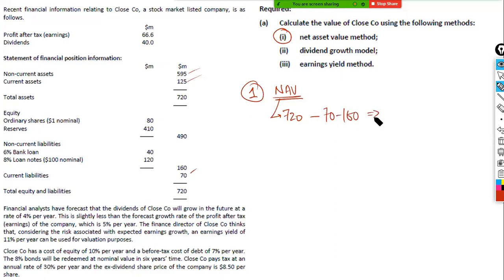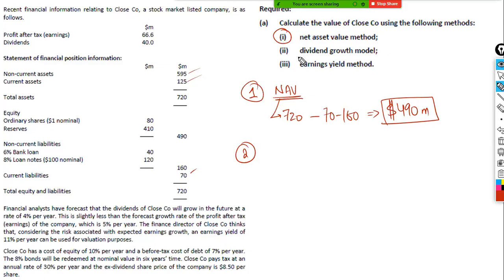The value that I'll be getting after that is 490. So $490 million is the total value of closed company equity. And if you want per share value, it's very easy, just divide by number of shares. You'll get the per share value. But over here, they have not asked for per share, they've asked for total value.